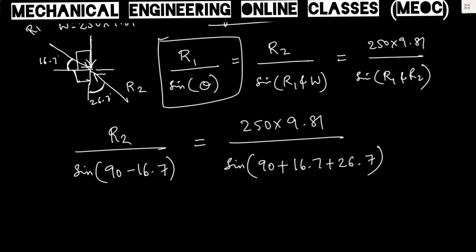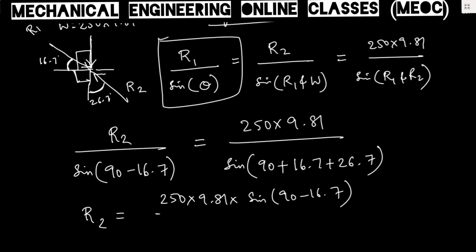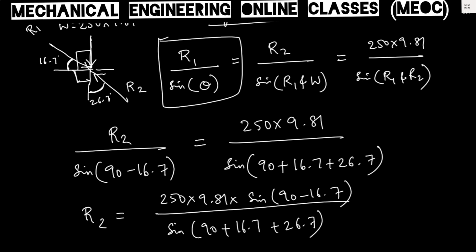Now we know everything in this equation, the only unknown is R2. So if we find R2 by cross multiplication, we get it as 250 into 9.81 multiplied by sine of 90 minus 16.7 divided by sine of 90 plus 16.7 plus 26.7.